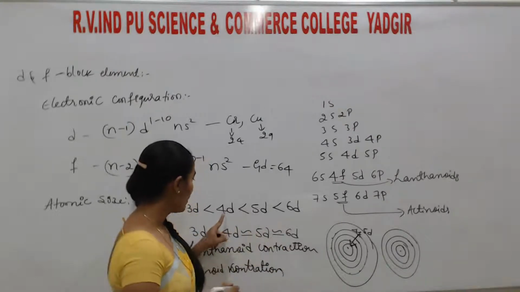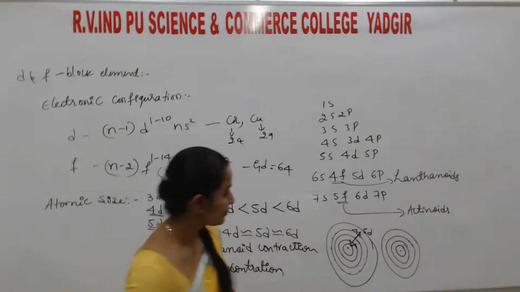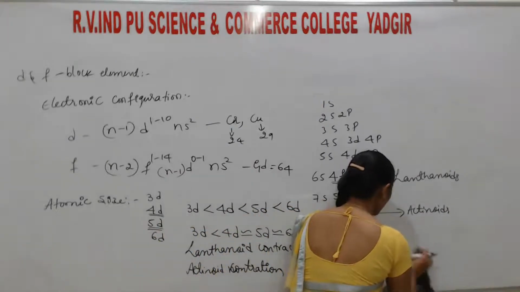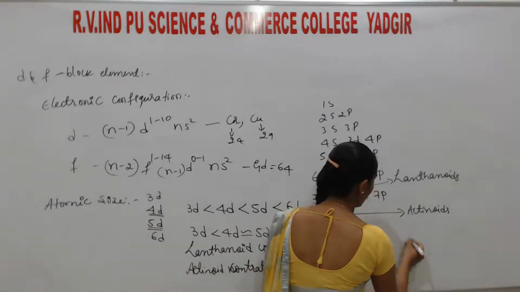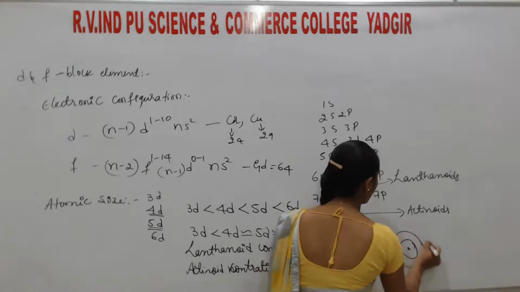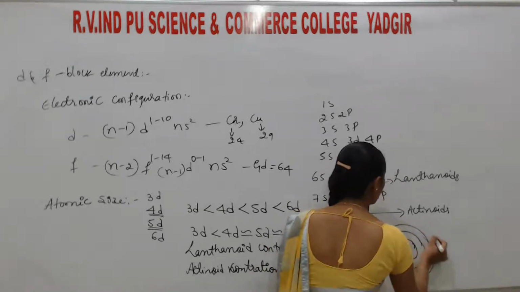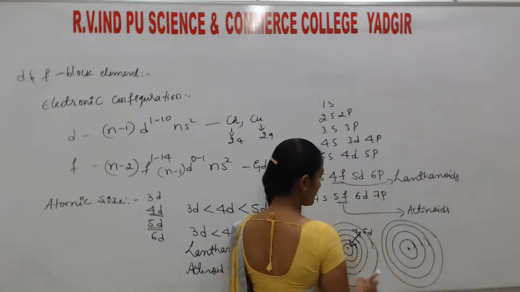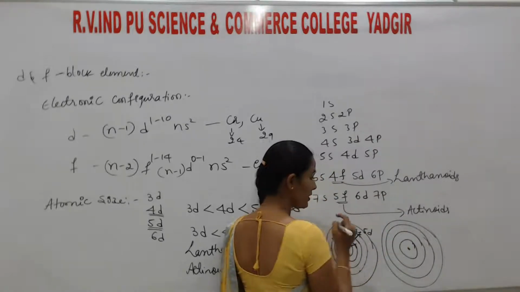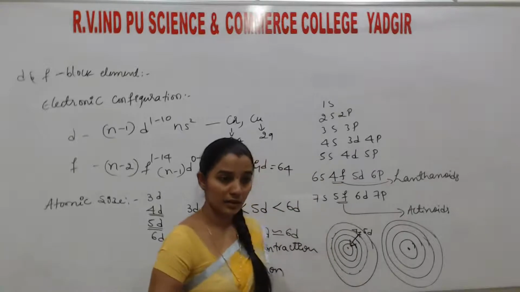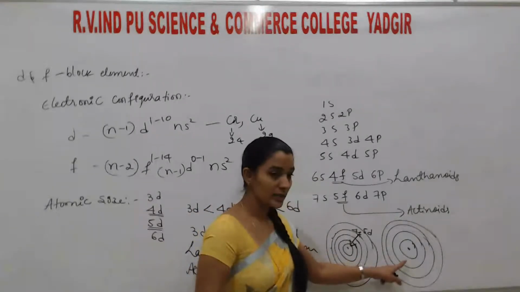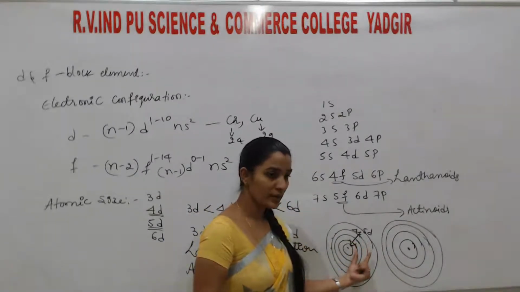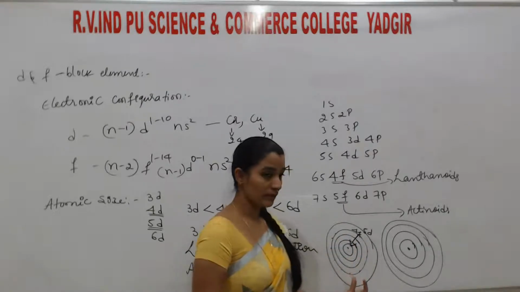That's why in 4d and 5d, listen, in the 4d series what happened? Here 1s, 2s 2p, 3s 3p 3d, 4s 4p. So 1, 2, 3, 4 main shells are there, and here 1, 2, 3, 4, 5 main shells. Obviously this size is more compared to this 5d orbital. What is the reason?